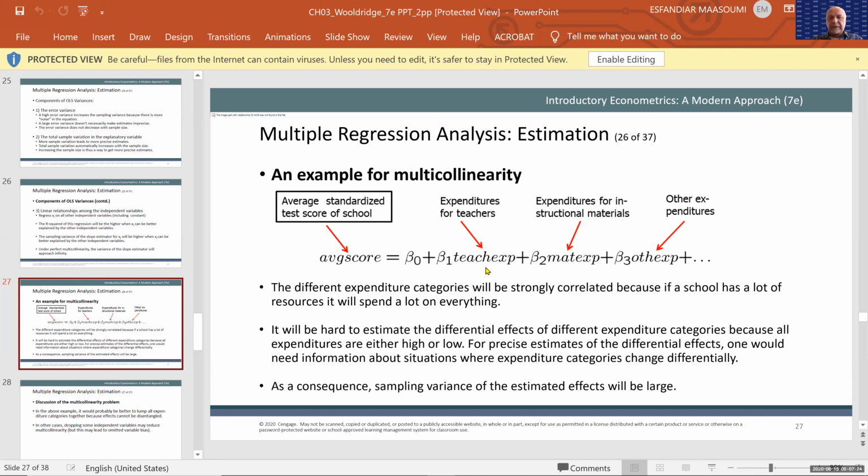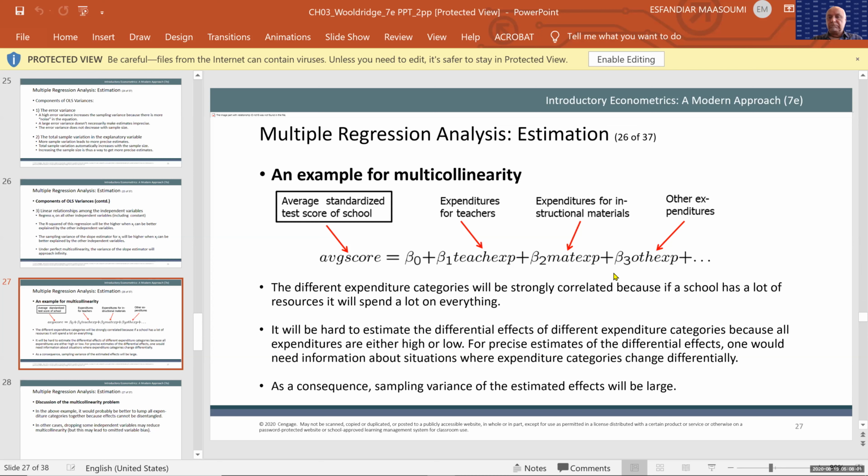Examples of multicollinearity: the average score from the course that you observe, a particular level, teacher experience, expenditure for instructional material, expenditure for other purposes in school. These are likely to be highly correlated. That's okay. That's why you have to put both of them in if you want to know the partial effect of each, right? But you get less certainty about beta 2 and beta 3.